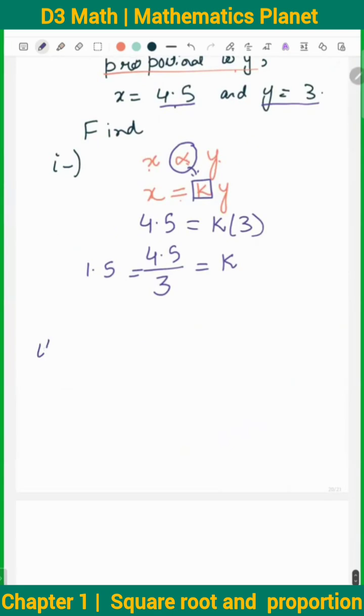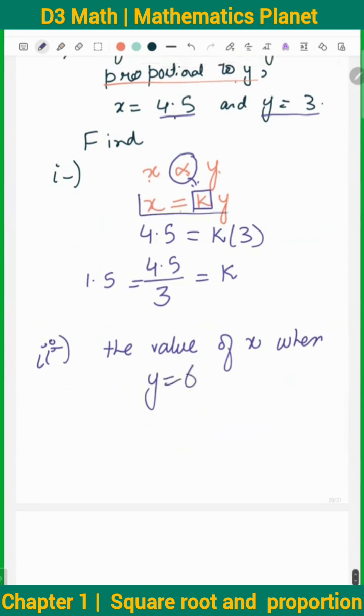Now the second part of the question says, find the value of x when y is equal to 6. You have this equation: x is equal to ky. You put k as 1.5 and y as 6. Now you have to find x, so you're not going to put anything in the place of x.